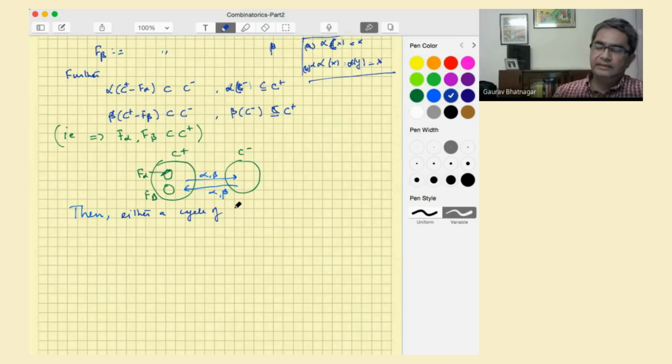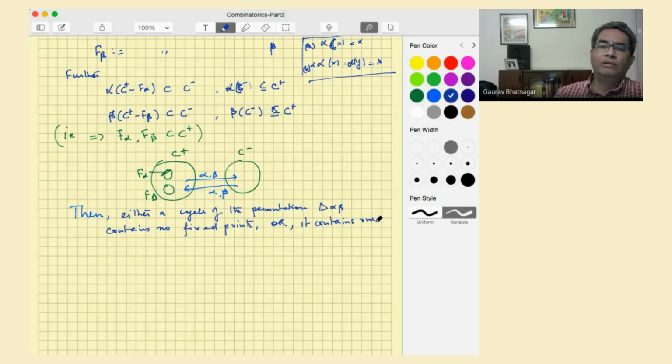Once this happens, then the following is the thing: either a cycle of the permutation alpha beta contains no fixed points, or, this is exclusive, it contains one point of F alpha and one point of F beta.